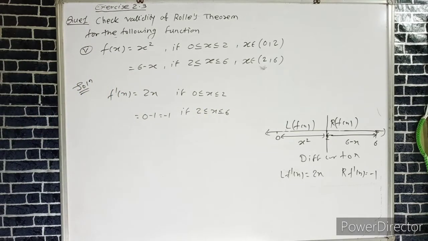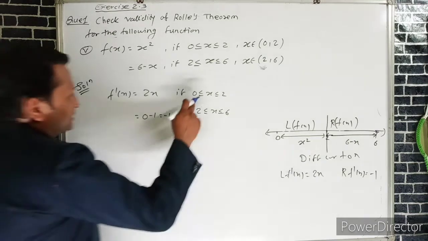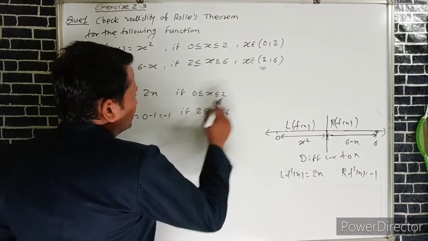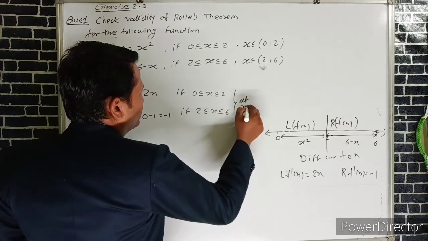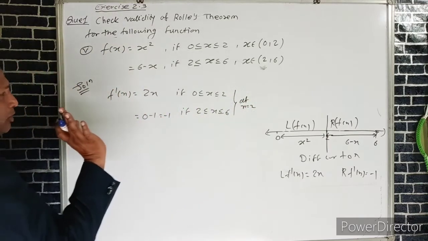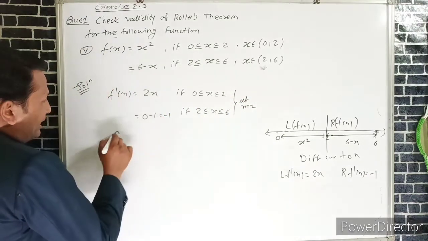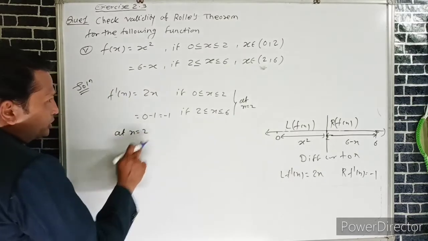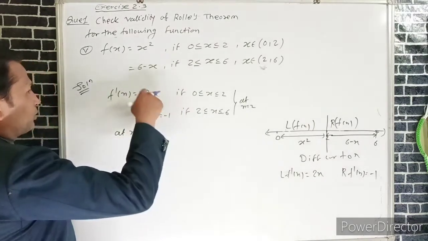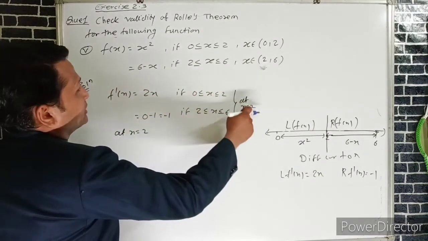Now we have to verify the validity of Rolle's theorem. So we know that the value of x is exactly equal to 2, because the function is continuous at x equals 2. If we substitute x equals 2, the given function is a polynomial and it is continuous at x equals 2.